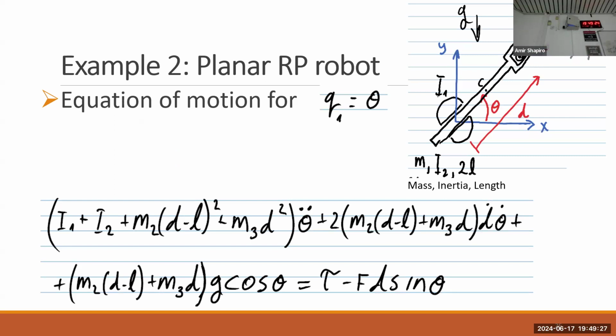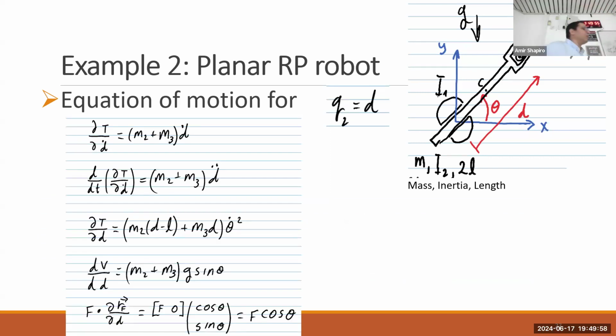This is the part from the gravity, of the potential energy of the gravity. And this is the part of the external force. And tau is the part of the motor that is applied at theta. So we got all of this. This is the equation of motion. One of them, because we have 2 degrees of freedom, theta and d. So that was the first one.